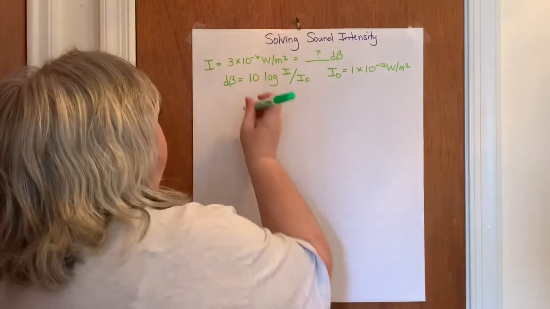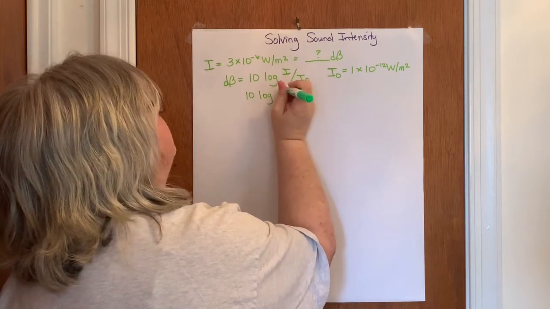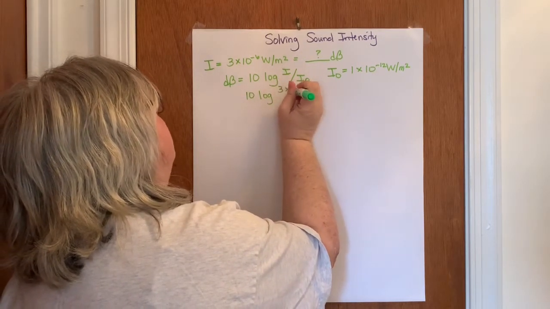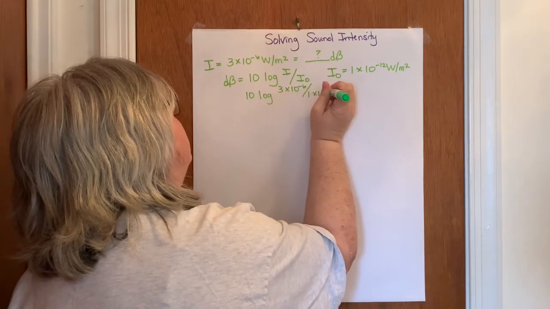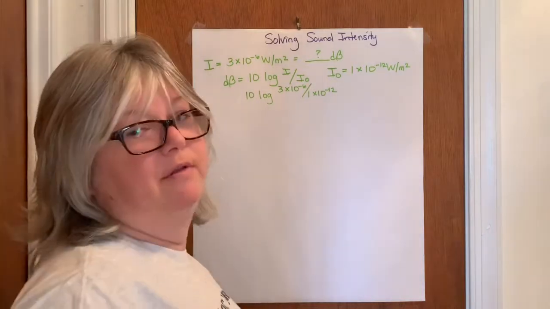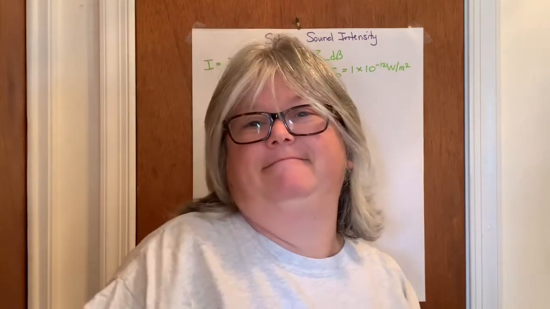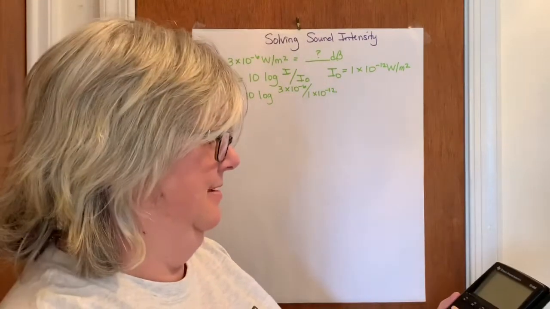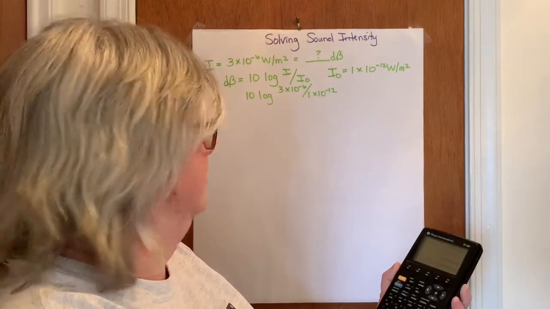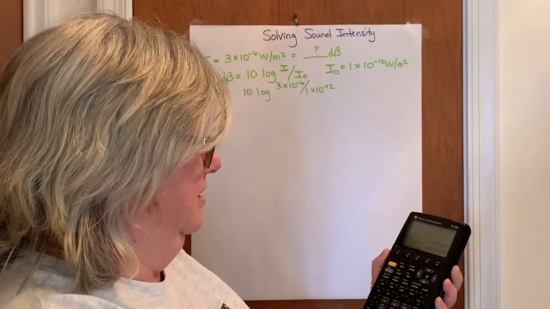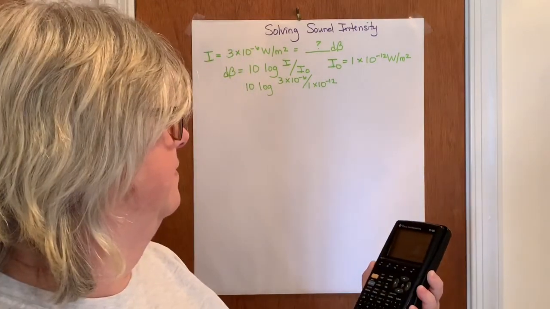Okay, so I'm going to do this in stages. I'm first going to divide 3 times 10 to the negative 6 by 1 times 10 to the negative 12th. When I hit that into my calculator, ta-da, I get a very big number.